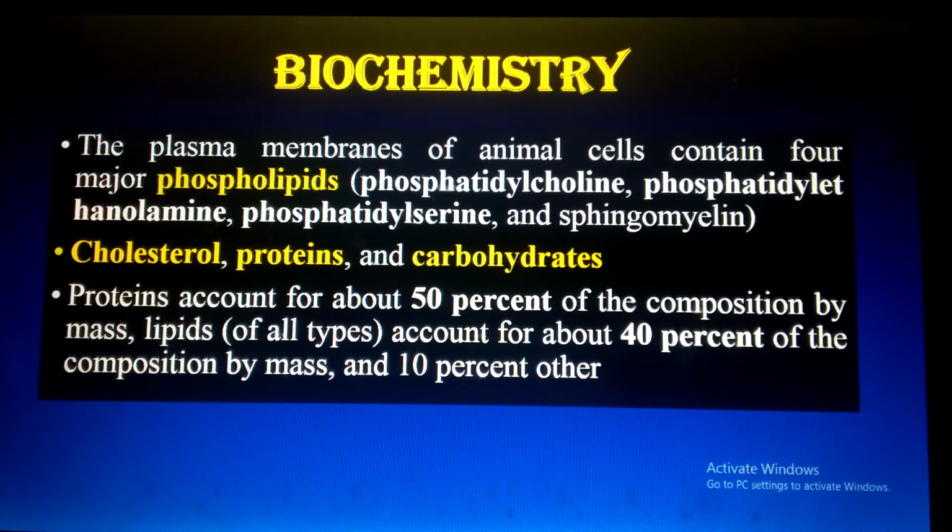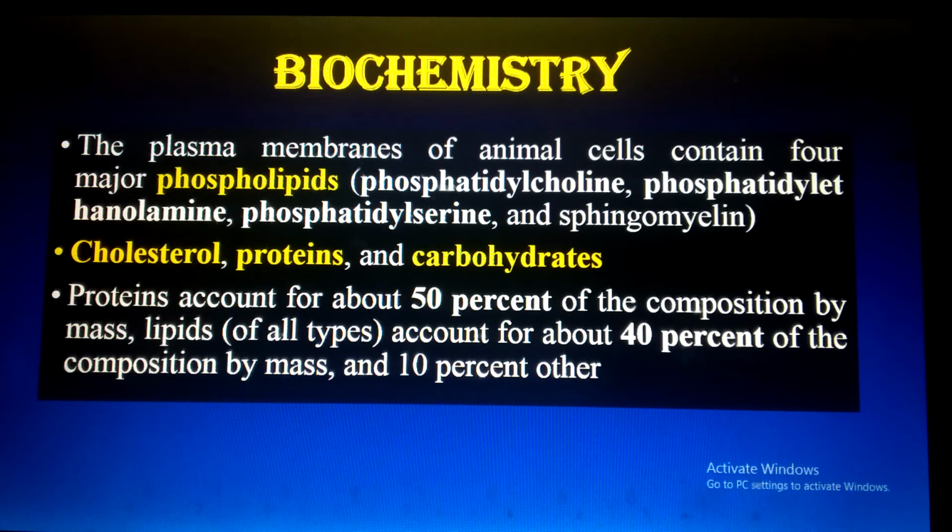Proteins account for about 50% of the composition by mass. Lipids of all types account for about 40% of the composition by mass, and 10% other like cholesterol, proteins, and carbohydrates. So this is the basic information about the chemical composition or biochemistry of the cell membrane.